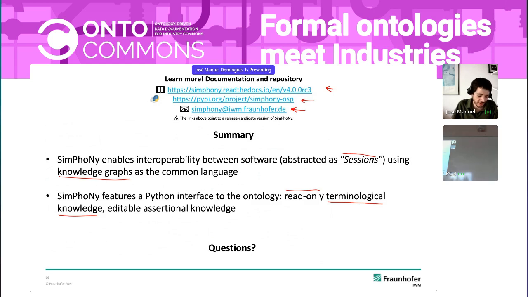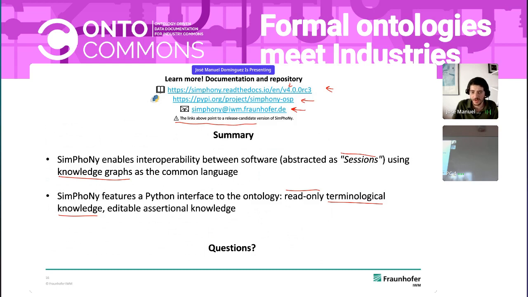And lastly, an important remark about what I'm presenting today: it's still in release candidate state, because it is the next major version of Symphony, which is version 4. Previously there was a version 3. But this one is much more usable, so I decided to present it to you already, even if it's a release candidate.